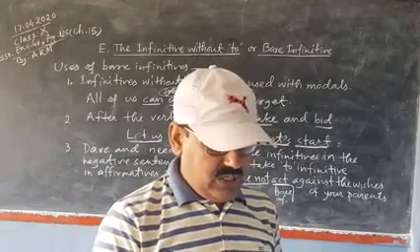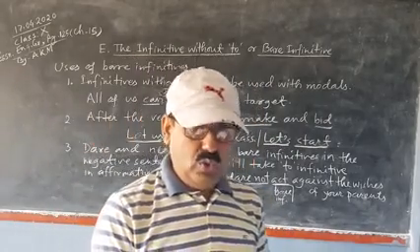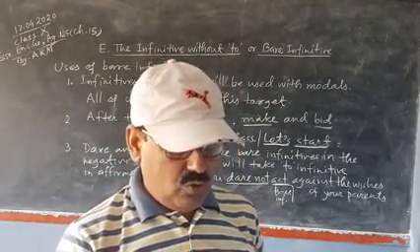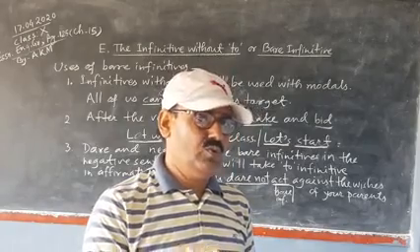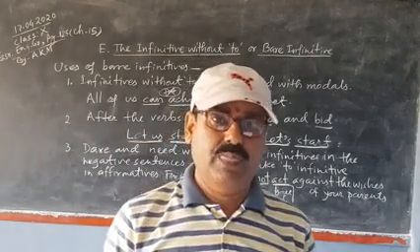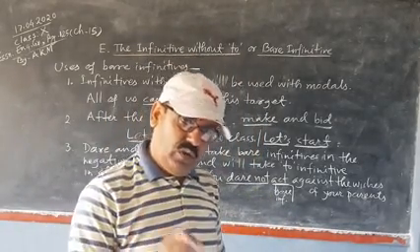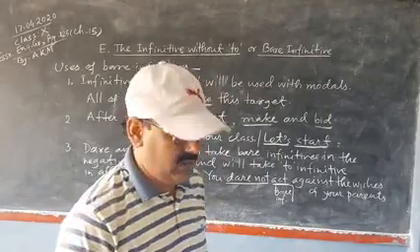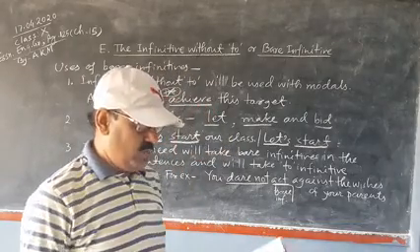The example is: you need to slow down on sharp turns. You need to slow down. To slow is a to-infinitive. But you needn't wait for me. You needn't to wait for me will be incorrect. So you needn't wait for me.